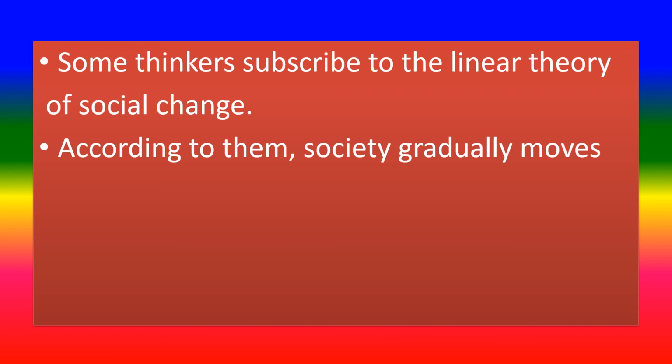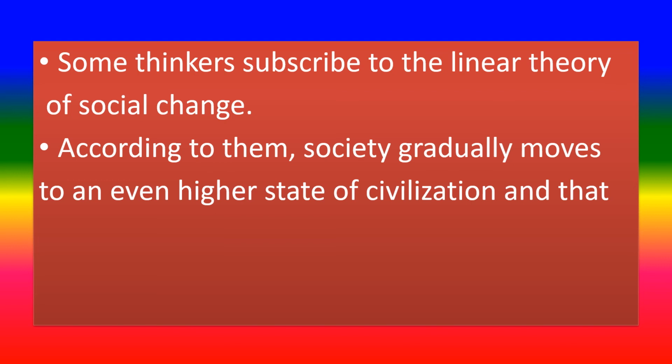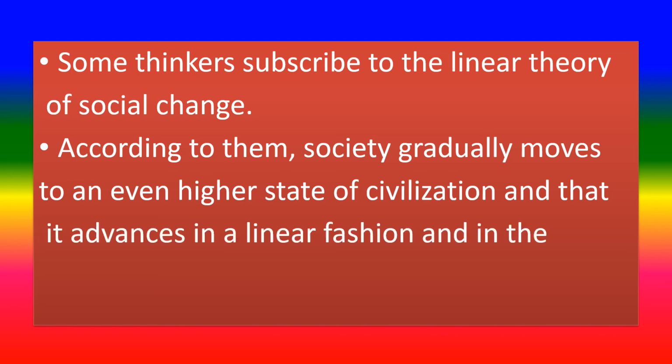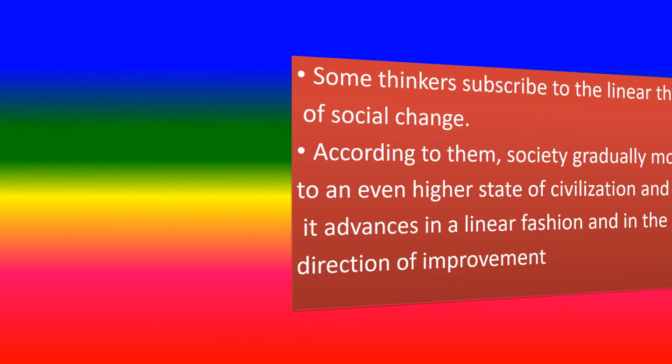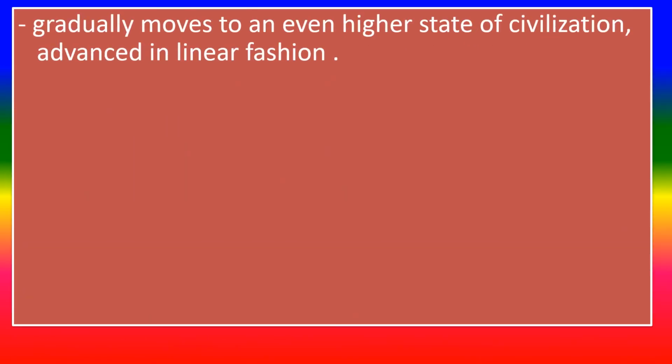According to them, society gradually moves to an even higher state of civilization, and it advances in a linear fashion and in the direction of improvement. First linear theory, Auguste Comte.